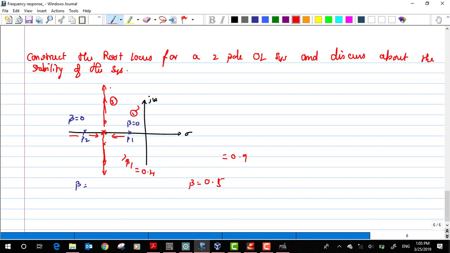Now when I have a system that has only 2 poles, can the system become unstable for any value of beta that I am putting? No, because none of the poles are entering my right-hand side.